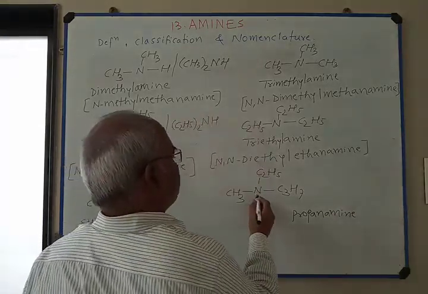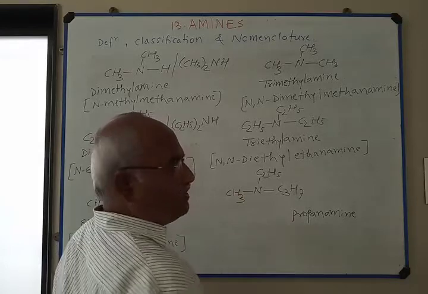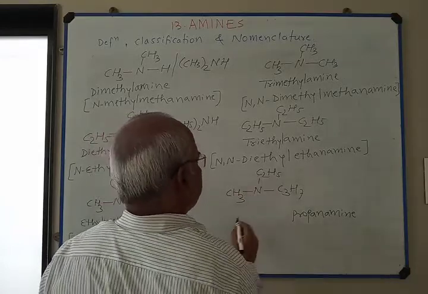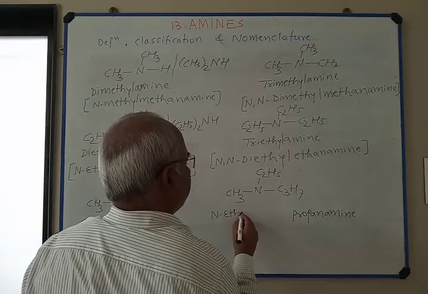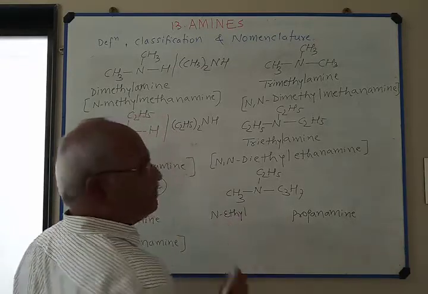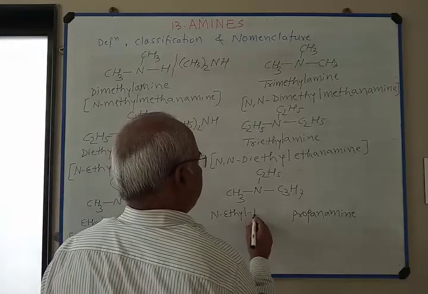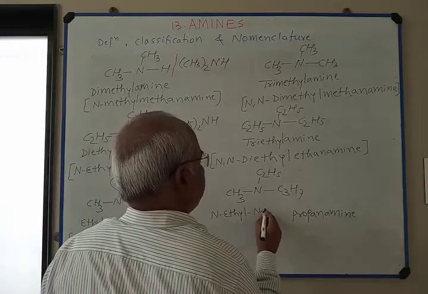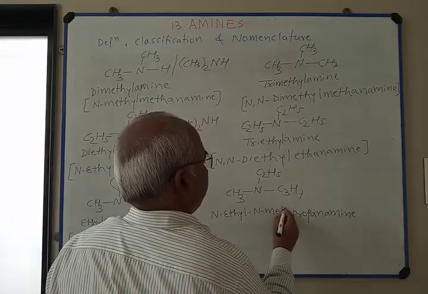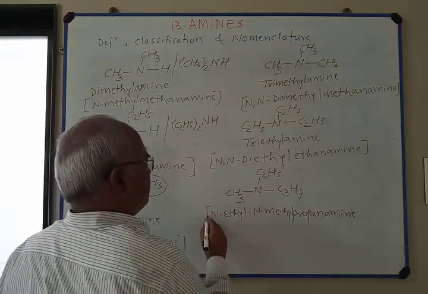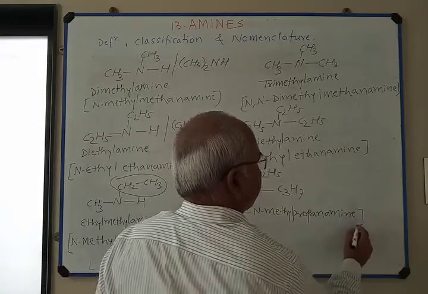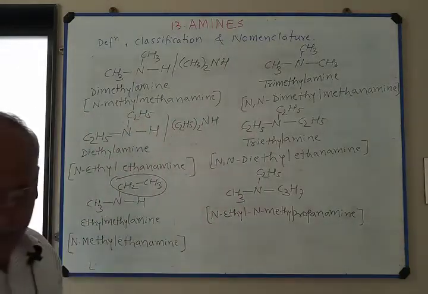At N position, a methyl group is present. At N position, an ethyl group is present. Therefore, N-ethyl, alphabetically E comes first, N-ethyl, N-methyl, propanamine is the IUPAC name of this compound.